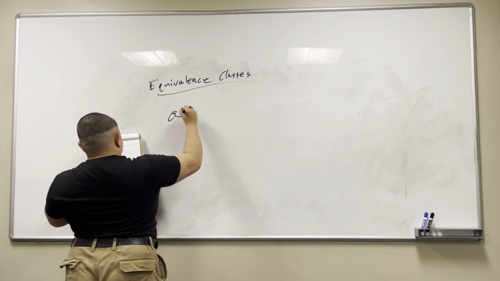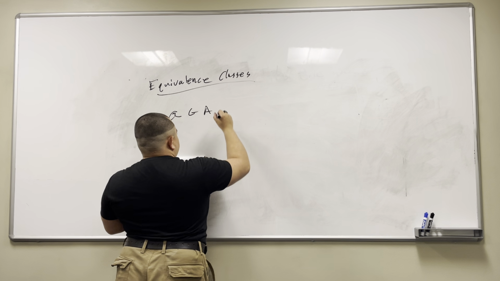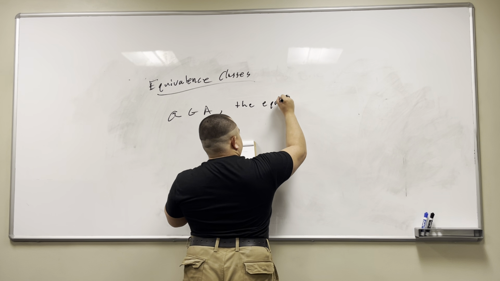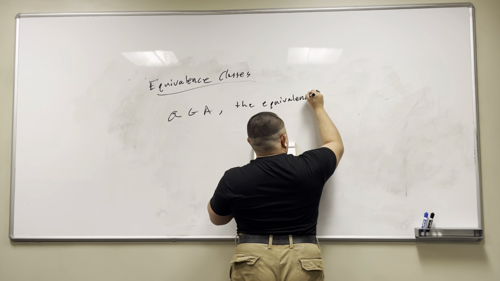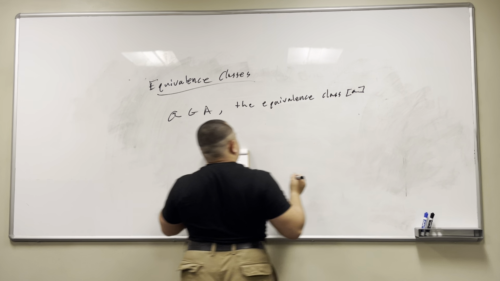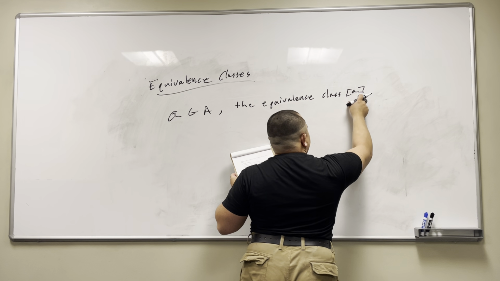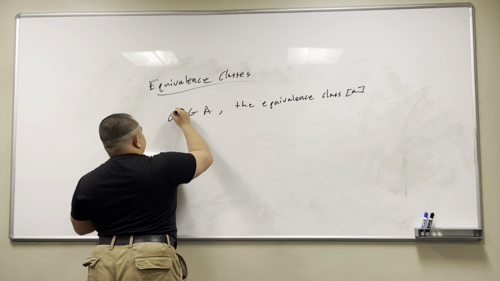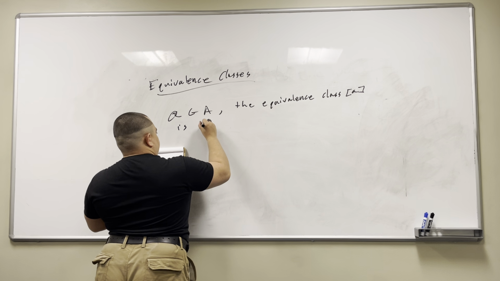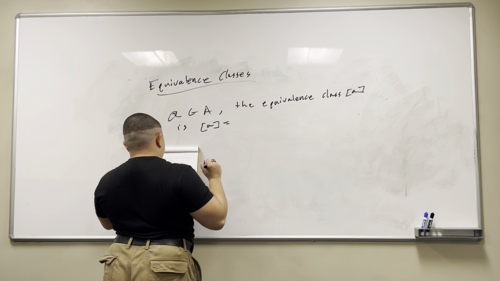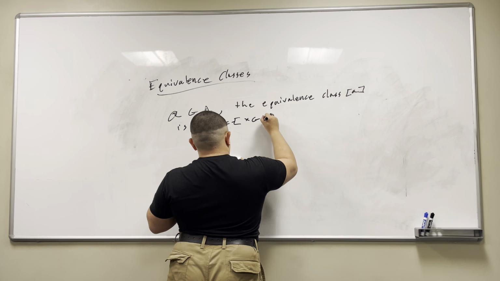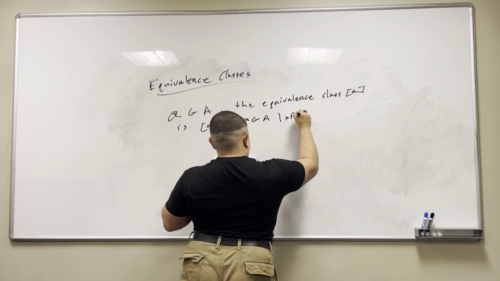So, for a within A, the equivalence class of a, written with square brackets, not curly brackets, is equal to the set of x within A such that x R a.